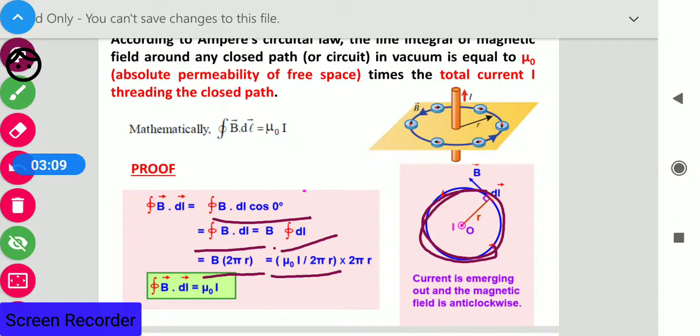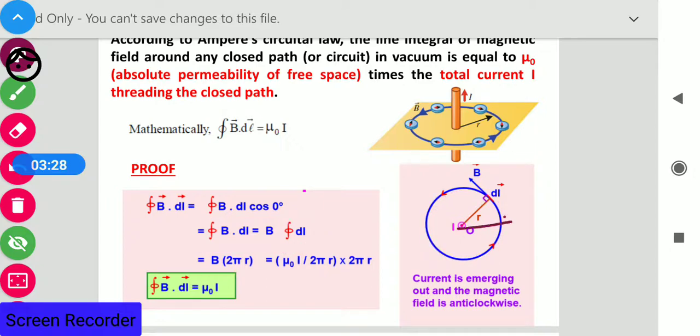Now in place of B, we put mu naught I upon 2 pi r. How? Just recall lecture 1, where we calculated the magnetic field due to an infinitely long current carrying conductor at any point. Here the point is at a distance r from the long current carrying wire.